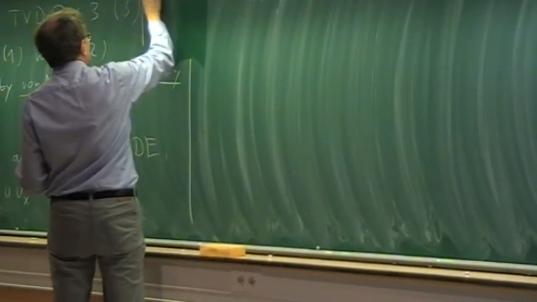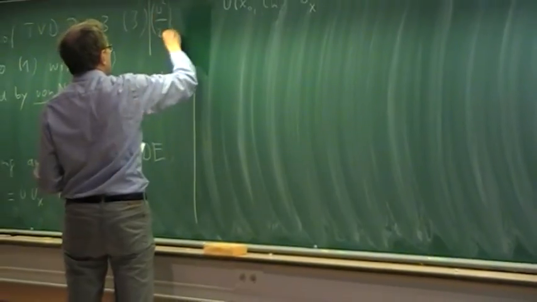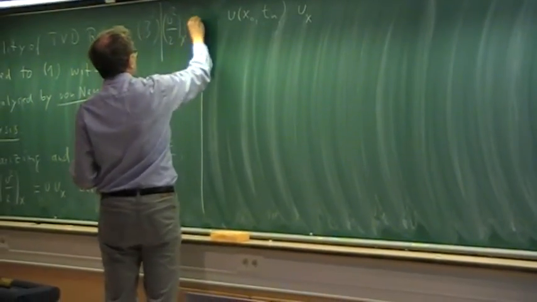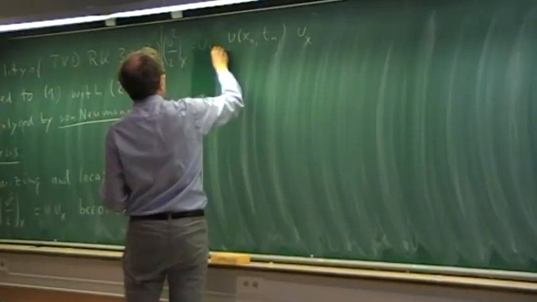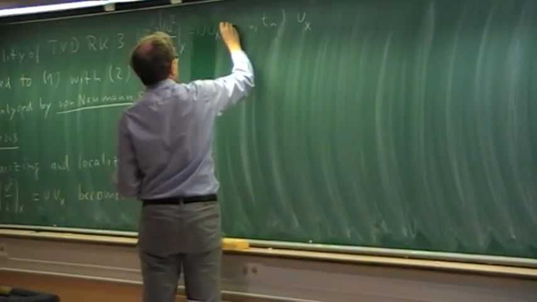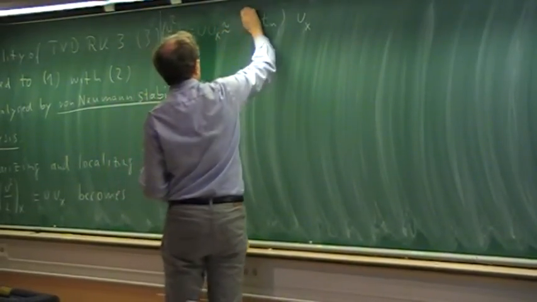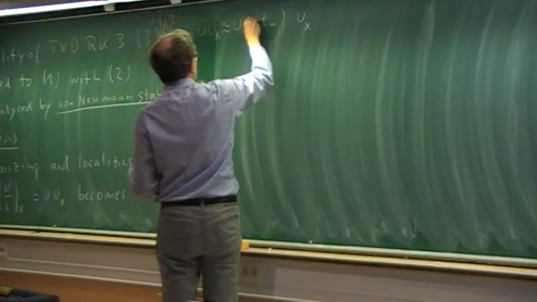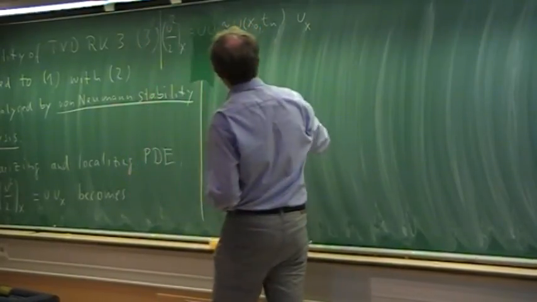So we have (u squared over 2)_x equal to u u_x, and that is approximated by u of x0, t^n times u_x.